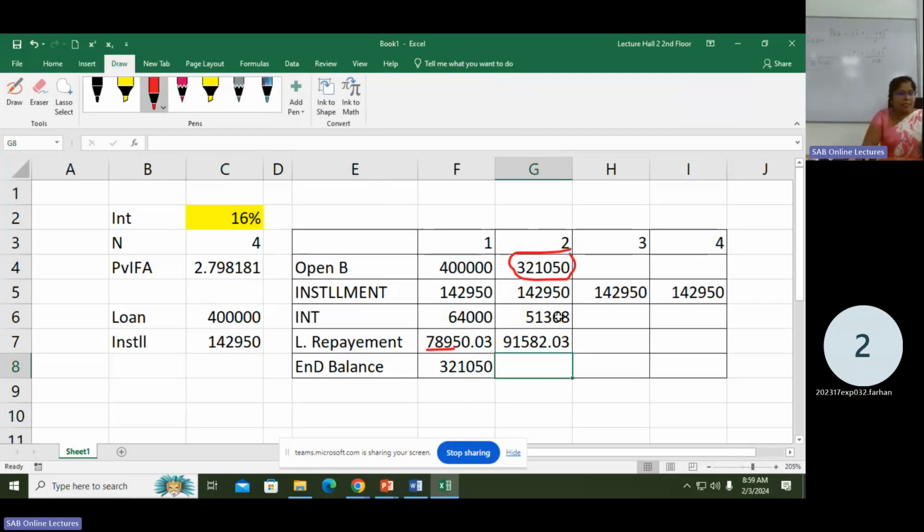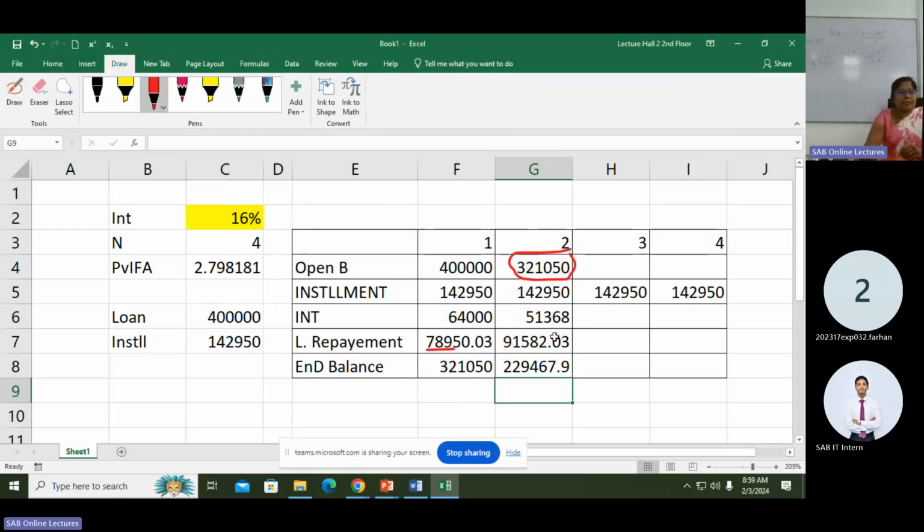The outstanding balance of your loan at the end of year 2 is 229,467. This is the opening balance for year 3. Interest is calculated on this balance, 36,740. Your loan repayment in year 3 is 106,235.